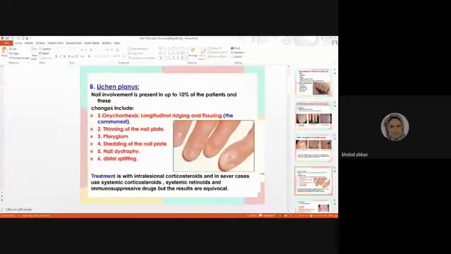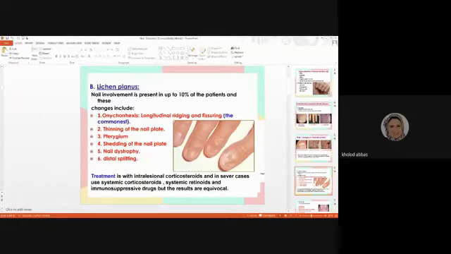Another dermatological disease, we'll have an example about lichen planus. Nail involvement represents 10% of patients with lichen planus. The commonest change includes onychorrhexis, which means longitudinal ridging and fissuring of the nail plate. We can find longitudinal ridging and fissuring, striation. This is called onychorrhexis.